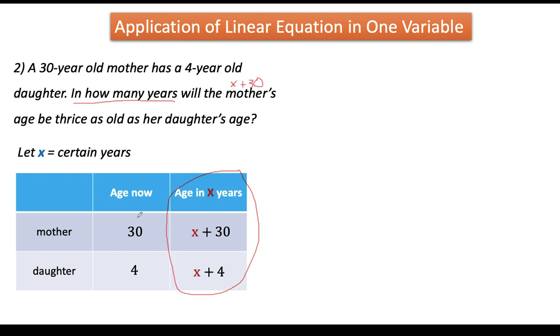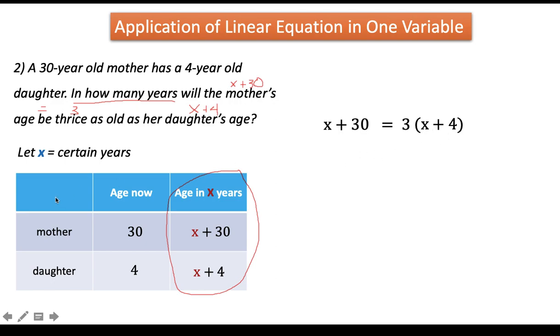Then this will be equal to thrice, represented by 3, the daughter's age, which is represented by x plus 4. We're going to write these terms, and that will be our working equation. So x plus 30, the mother's age, will be 3 times the daughter's age, which is x plus 4.